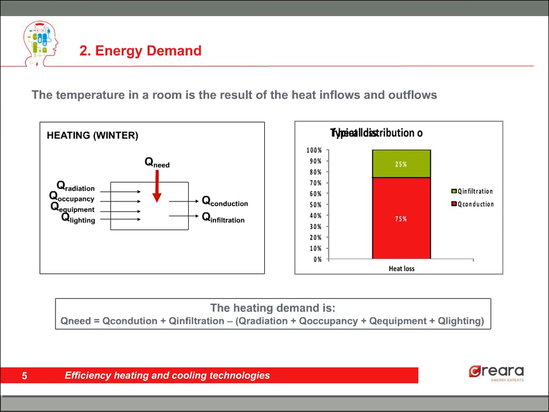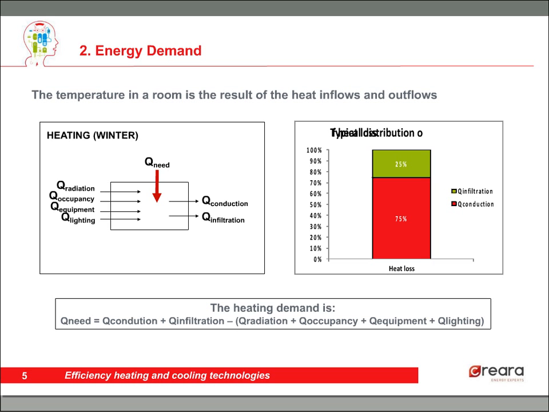So let's say you make some calculations and it turns out that for a certain room of a building you need 100 kilowatt-hour per square meter to acclimatize, okay? Doesn't matter if it's for heating or cooling. And let's say for heating, you want to heat that room with a boiler.